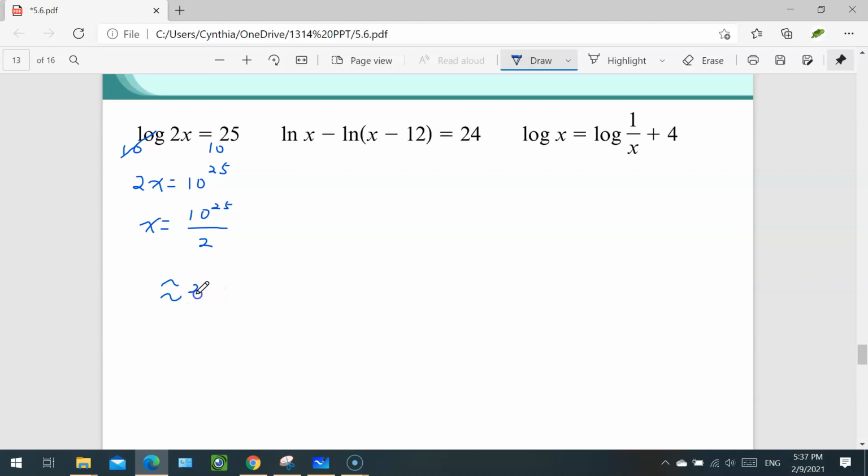So it approximately has 3.1623 multiplied by 10 to the power 12. Because 10 to the power 25 is a huge number.